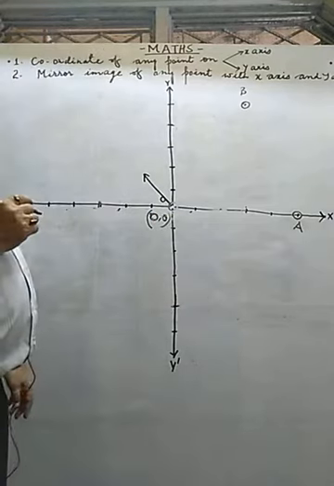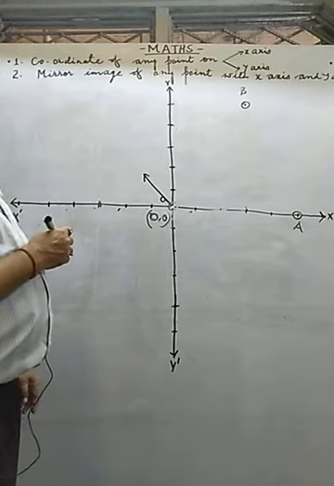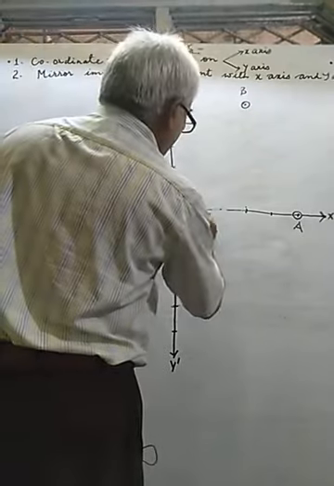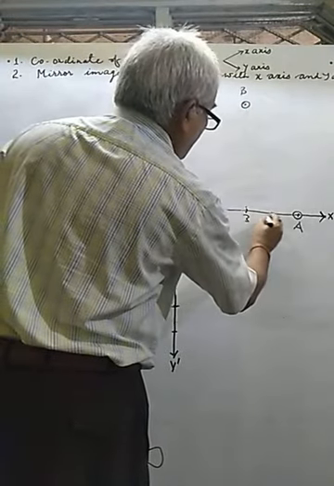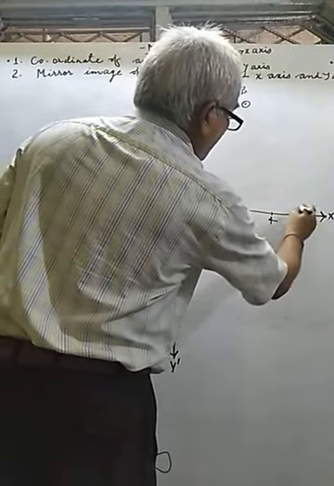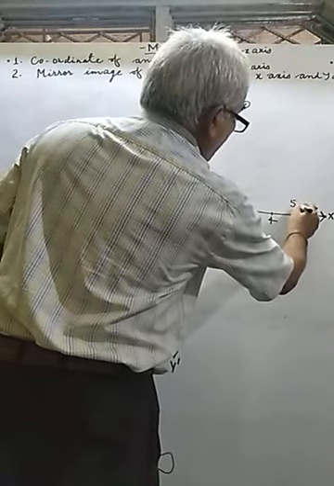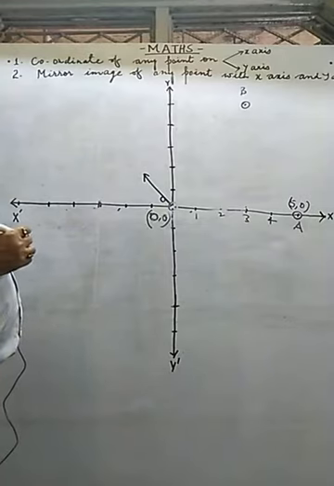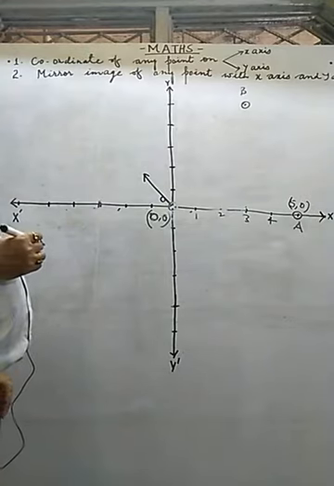According to the coordinates, we try to trace the points. Coordinate of A will be what? This one 1, 2, 3, 4, 5. So abscissa is 5 and ordinate is 0. Coordinate of A is 5, 0.